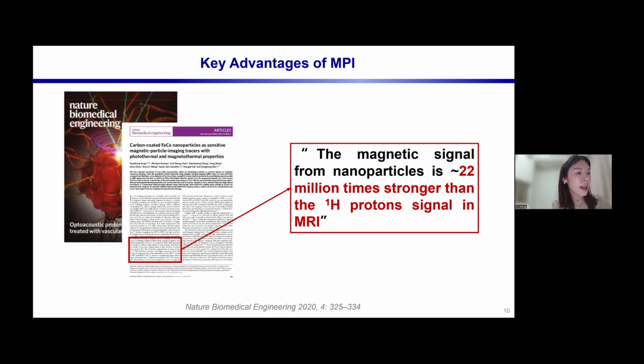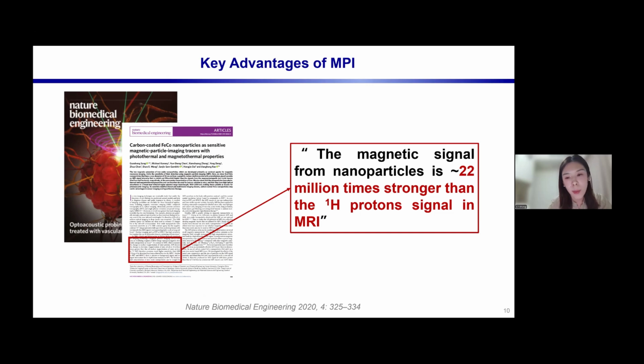So this slide summarizes the key advantage of MPI. The most standout feature of MPI, I think, is sensitivity. To put it into perspective, the magnetic moment of SPIONs is 8 orders of magnitude higher than that of a hydrogen proton we use in MRI.